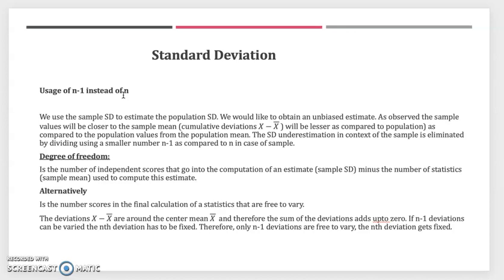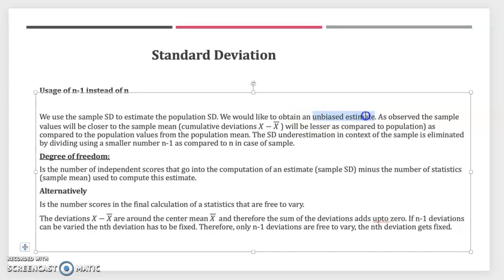But when using the sample standard deviation, we divide by n minus 1 instead of the lowercase n for the sample size. That's because we use the sample standard deviation to estimate the population standard deviation, and we would like to obtain an unbiased estimation.